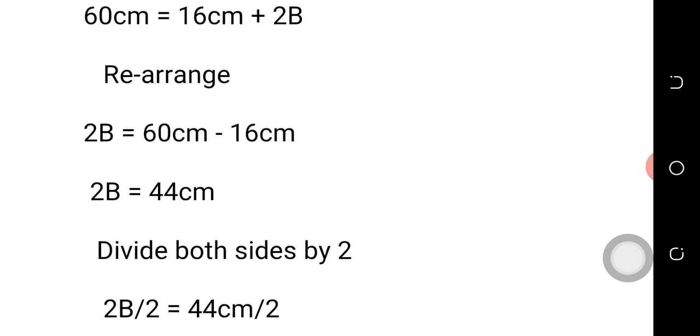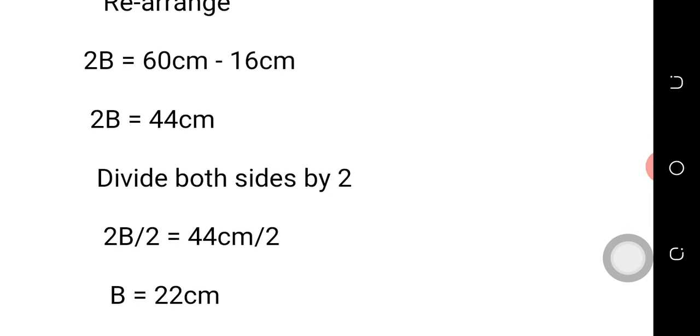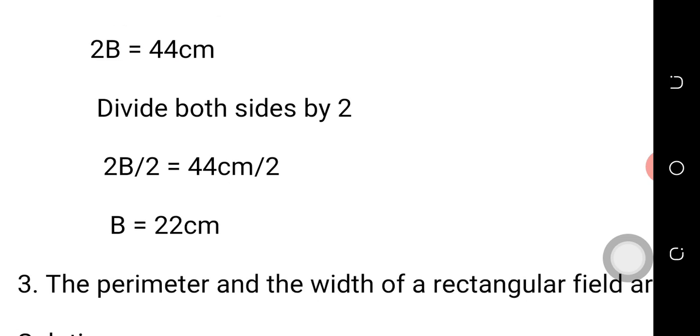Therefore, 2 breadth equals 60 centimeters minus 16 centimeters, which is 44 centimeters. To get breadth, we divide both sides by 2, that is the coefficient. 2b over 2 equals 44 centimeters over 2. Our final answer will now be 22 centimeters.